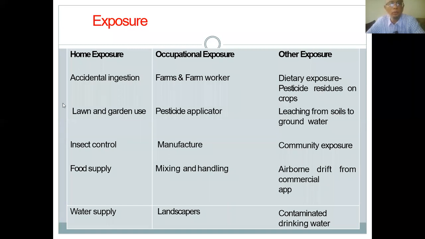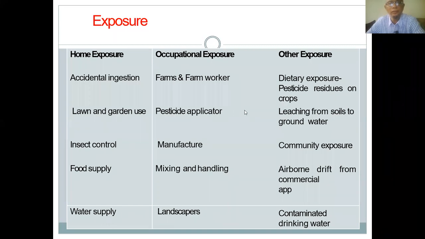And in home exposure, that is lawn and garden use, pesticide applicators, leaching from the soils to the groundwater. For insect control in the field of manufacture, that is community exposure. Food supply, mixing and handling, airborne drift from commercial application. Water supply, that is the landscapers, that is contaminated drinking water.